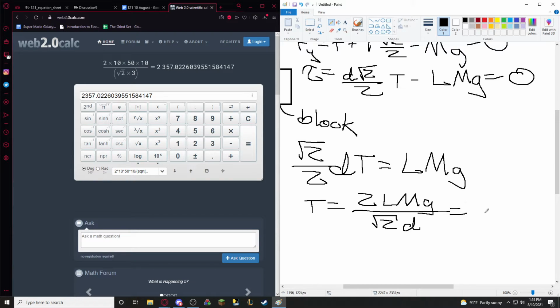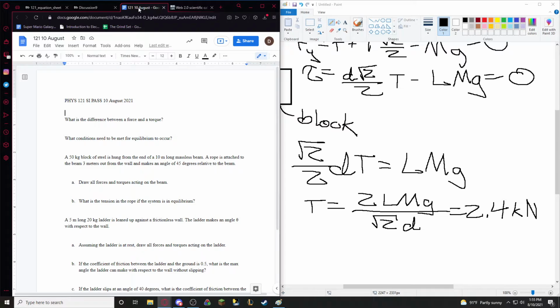I'm just going to round it to about 2.4 kilonewtons. Right, it would be 2357 newtons, because we've kept everything else in SI units: kilograms, meters. So we should get newtons, and I'm just being lazy and writing kilonewtons.